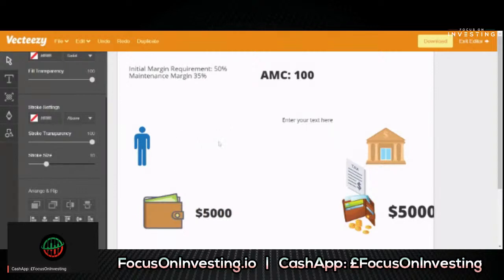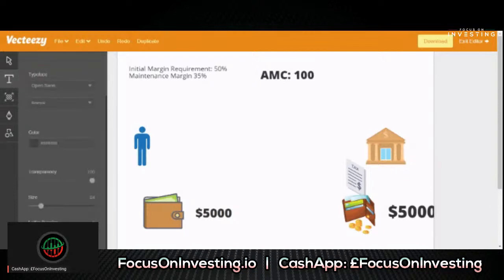If AMC issues 100 shares and Neil borrows 100 shares, he now has 100 shares.